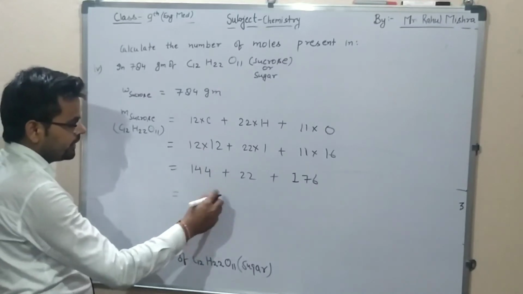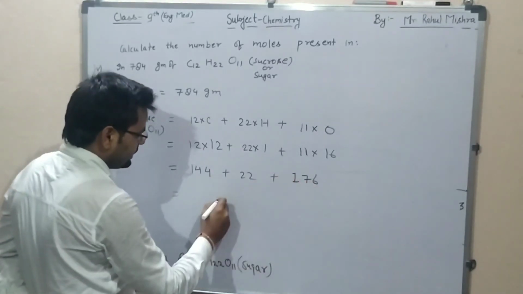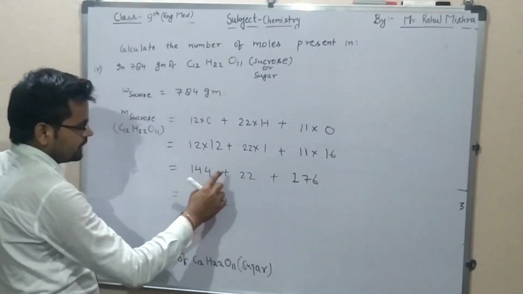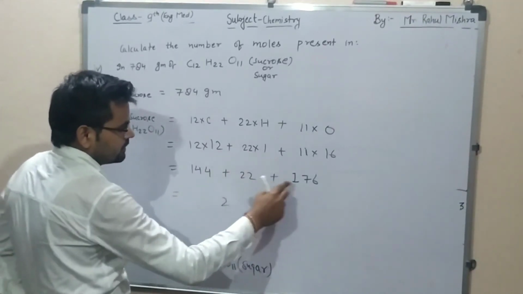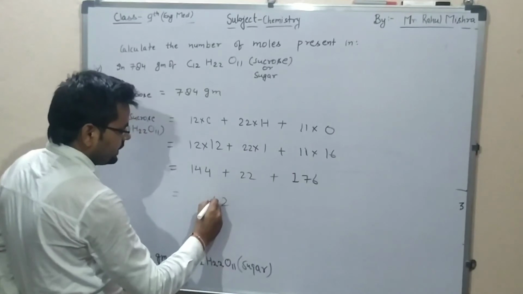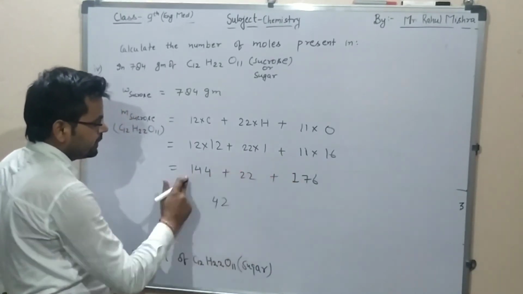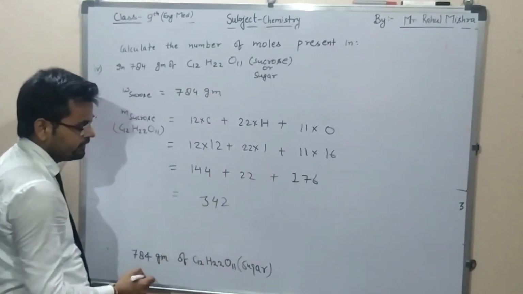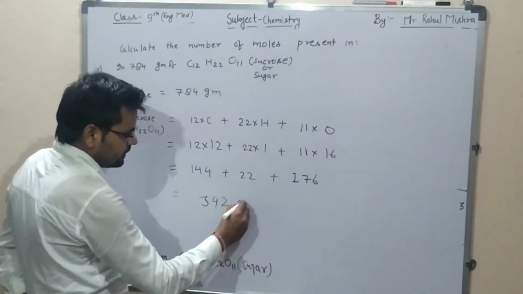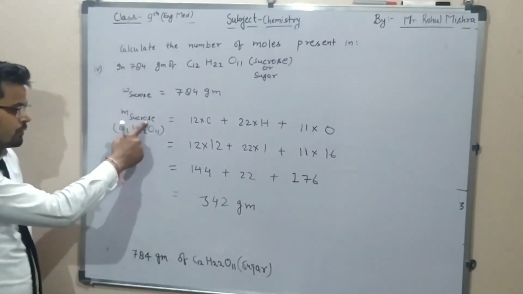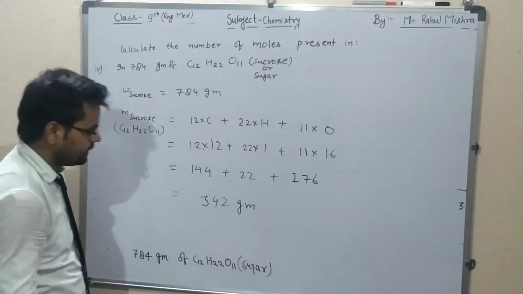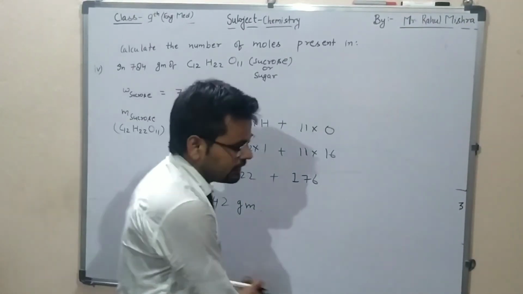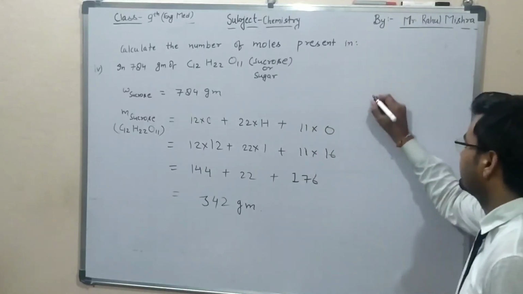Now we calculate it. It is 2, 1 carry, it is 4, 1 carry, and 1 1 2 and 1 carry, it means 3. So the molecular mass of sucrose will be 342 gram. Now we calculate the number of moles of sucrose.